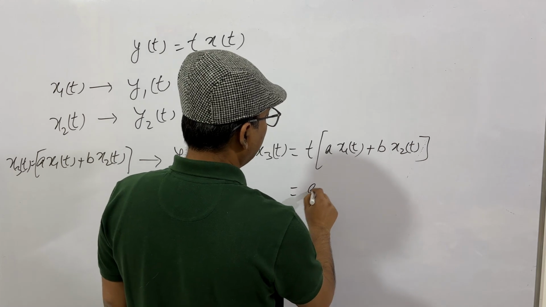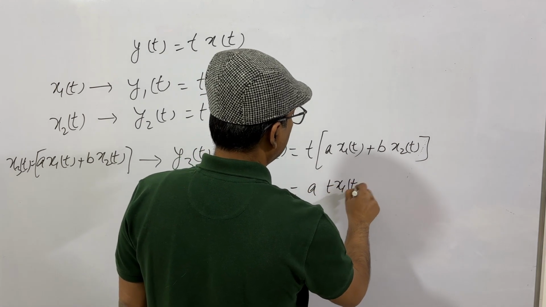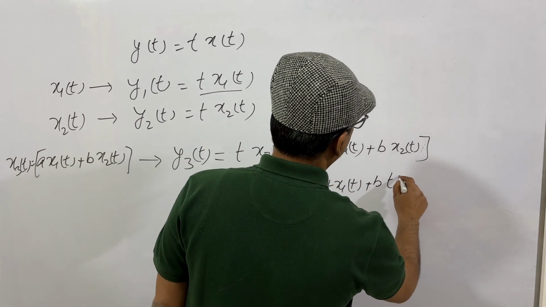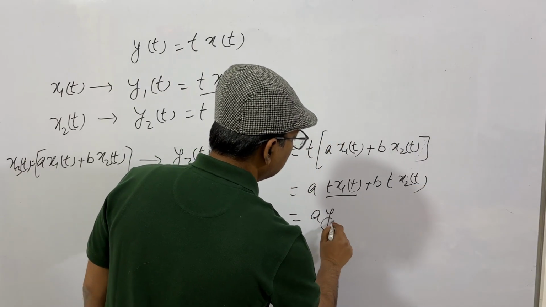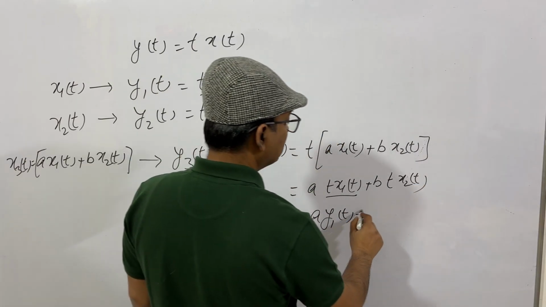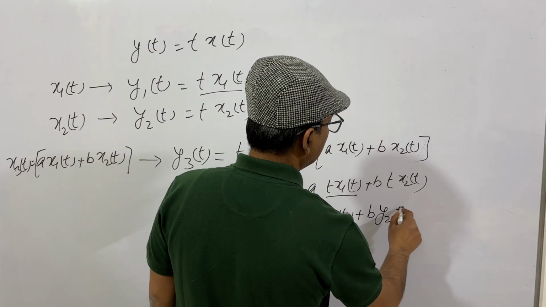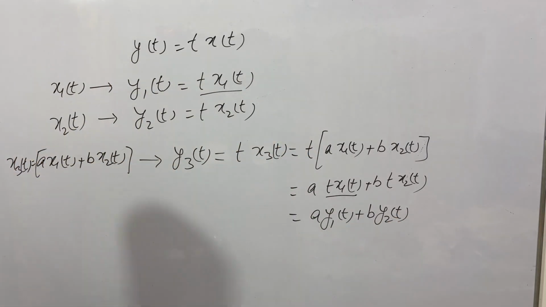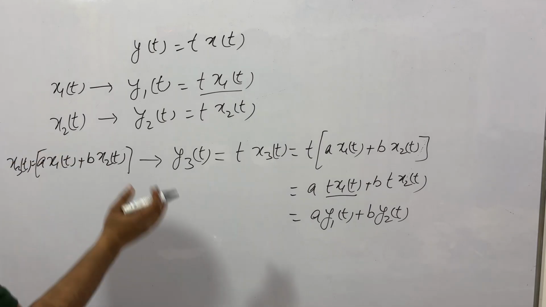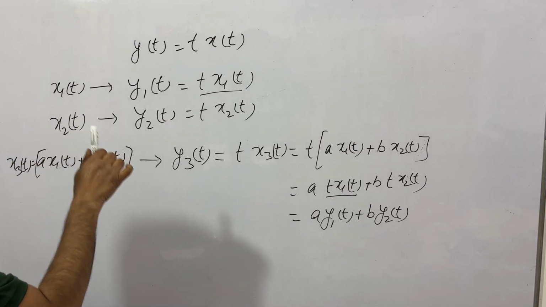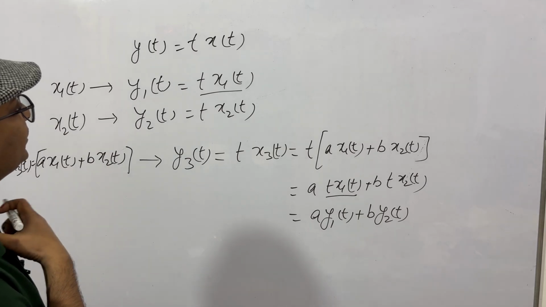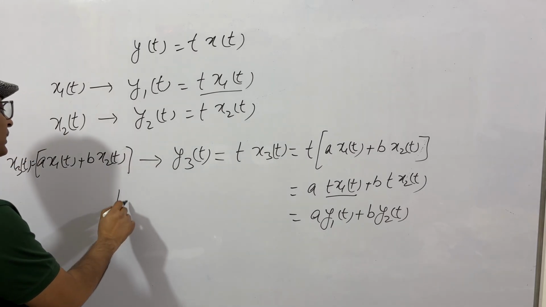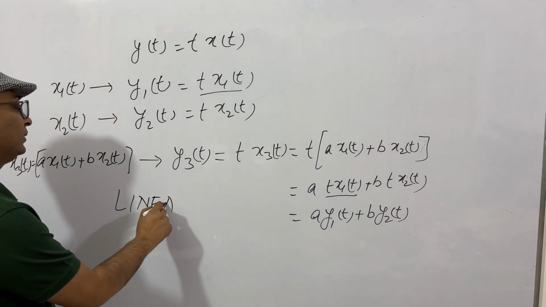Just expand it: a·t·x1(t)+b·t·x2(t). This is a·y1(t)+b·y2(t). So it satisfies the second principle also. So this is superposition. We can see the additive as well as the scaling property is satisfied. Therefore, this system is linear. Okay.